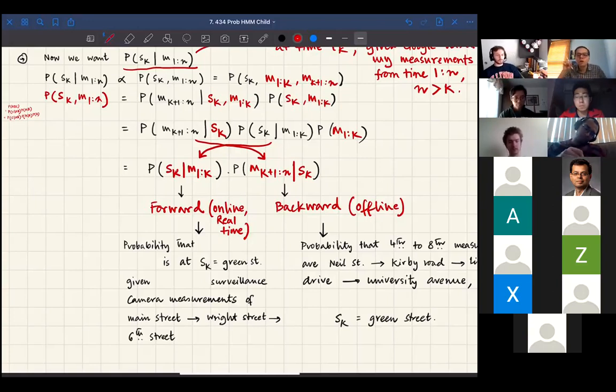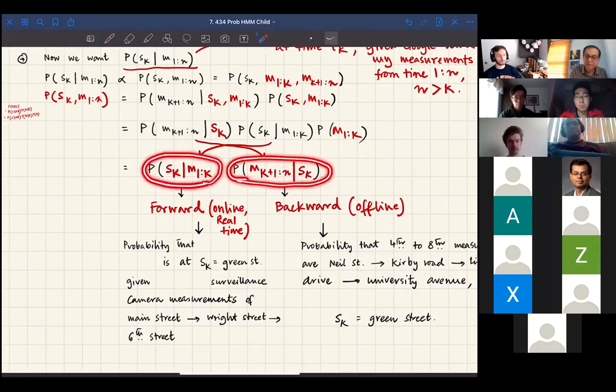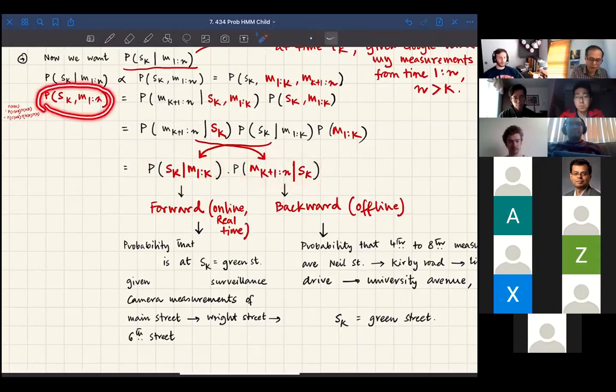If Google wanted to track me in real time in the airport, Google does not have this part. Right? This is only the real time tracking part. Right? But right now we are asking the question, how can we best localize Romit with full data, meaning offline? I hope that is clear.